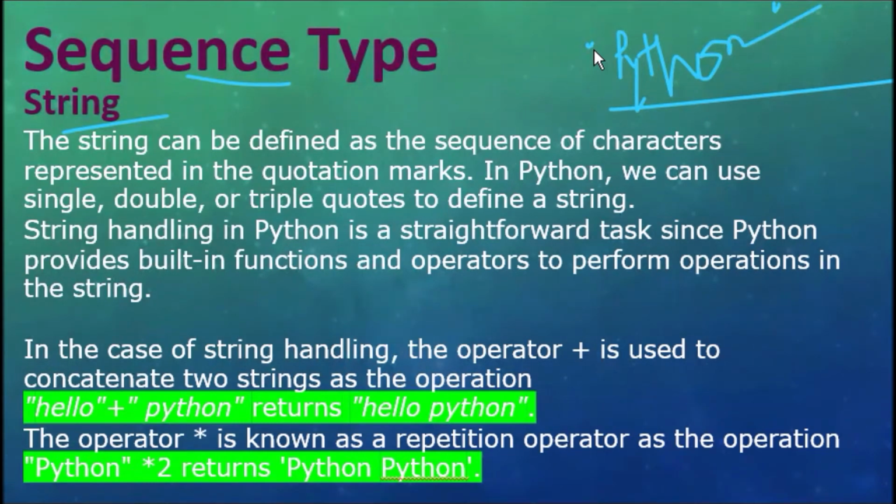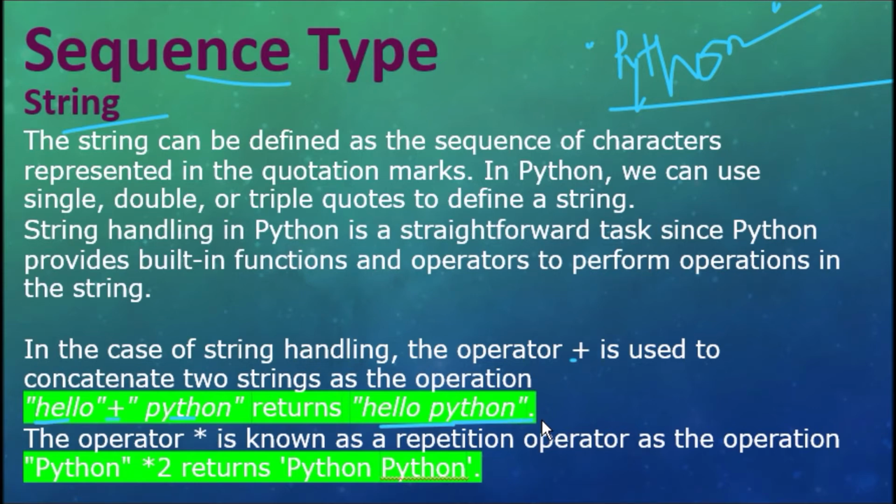For example, in string handling, the plus operator is used to concatenate strings. In the Python shell, I write the value hello in double quotation, then the plus operator, then Python in quotation. It returns the value hello Python.